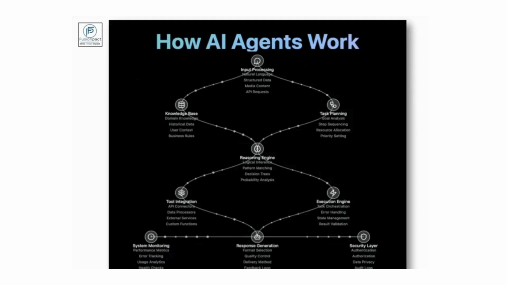If the output is not accurate, the AI agent re-evaluates the whole process again to make the output better, and it increases the success rate by a better margin. Okay, so this is how the AI agent works.